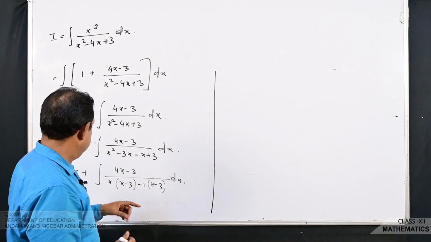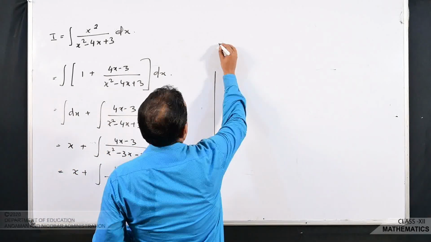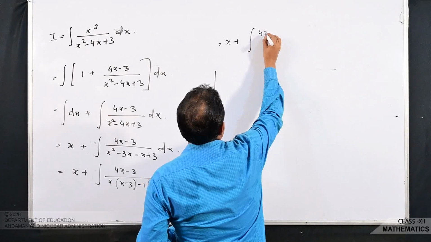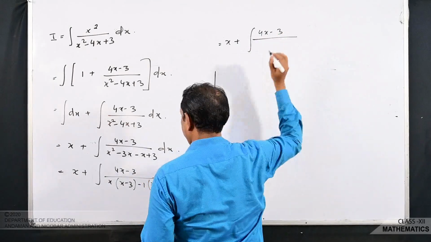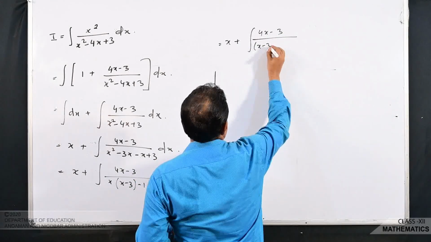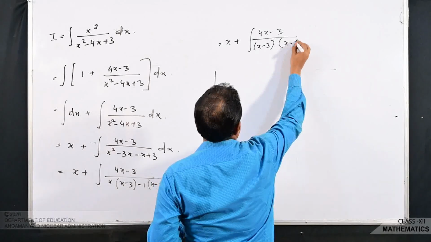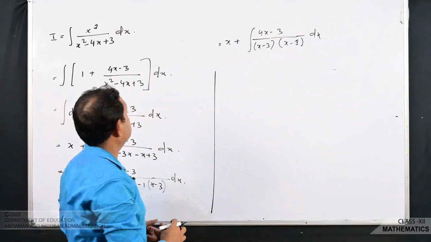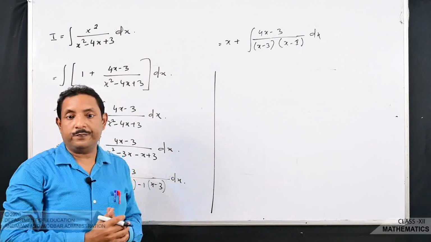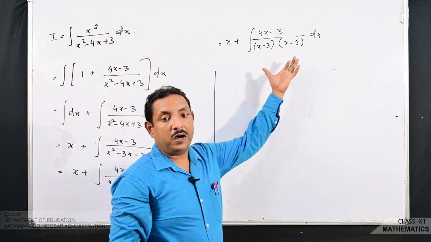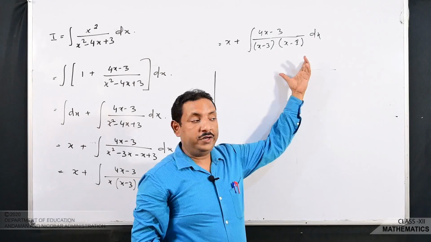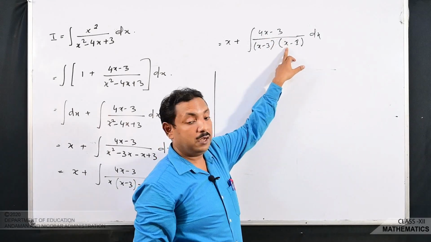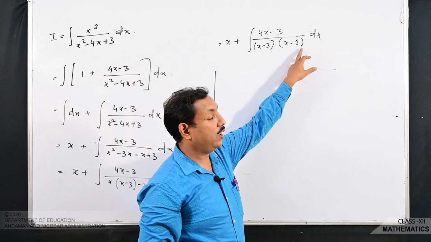That means this equals x plus integration of (4x minus 3) by (x minus 3)(x minus 1), and dx is here. Now see, this part is exactly similar to the previous question. So I leave this part for you to do as homework: (4x minus 3) by (x minus 3)(x minus 1) dx.